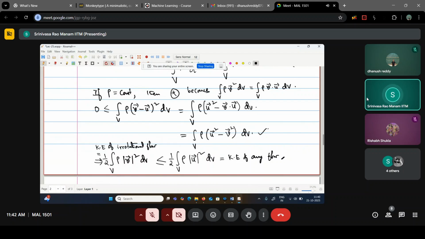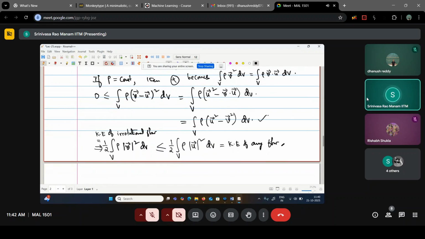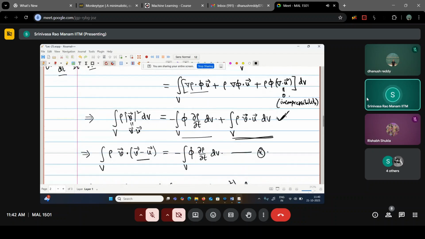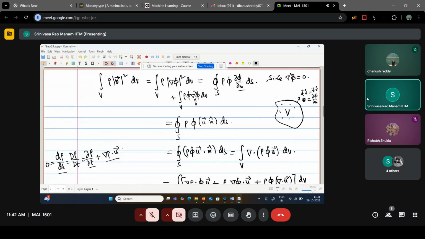Equality will come if it is an irrotational flow, with the same energy. And the boundary condition is that we have considered a bounded domain, where on the boundary the same boundary condition is satisfied. So you are not changing the fluid, you are not changing the domain.